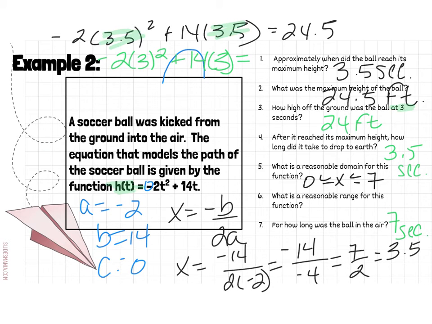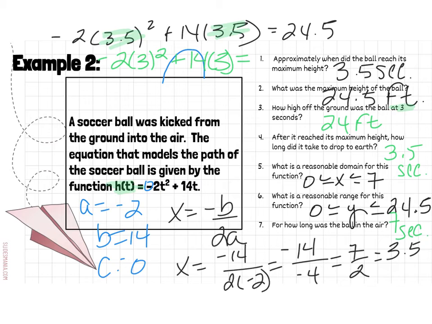Well, the ball starts on the ground, so 0. And then returns to the ground, so still 0. And then the highest point is at 24.5, so less than or equal to 24.5, because it can't go any higher than that.